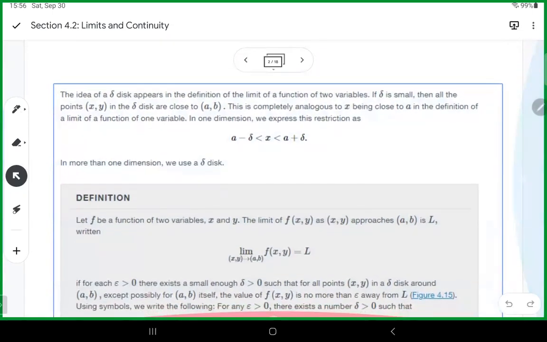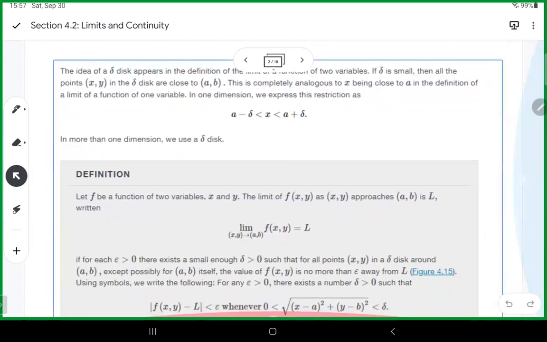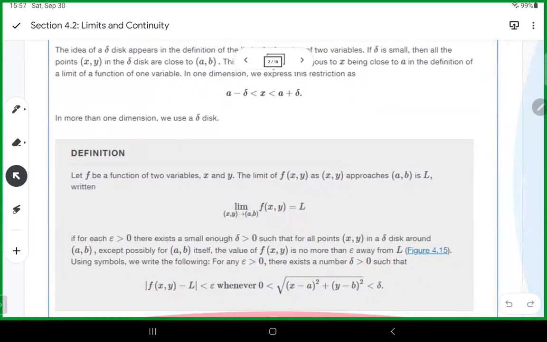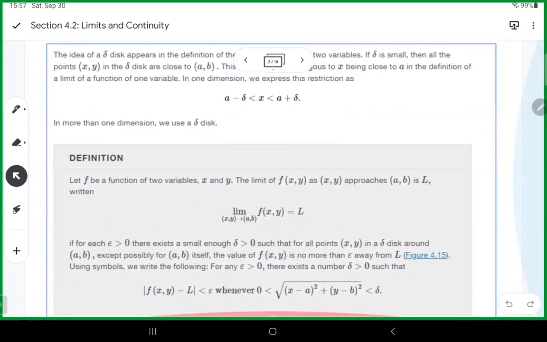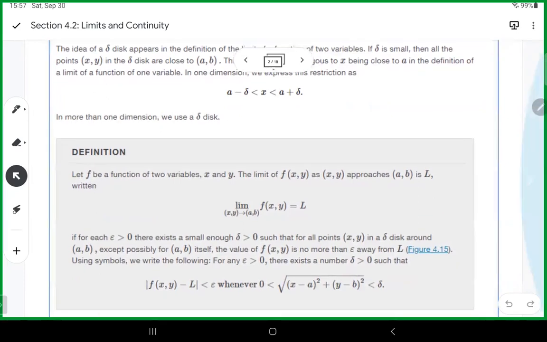This is completely analogous to x being close to a in the definition of a limit of a function of 1 variable. In 1 dimension, we express this restriction as the following. In more than 1 dimension, we use the delta disk.